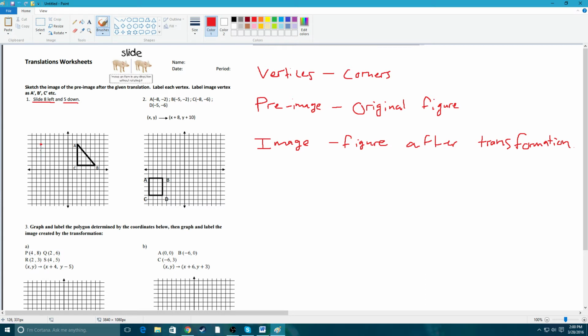So from that point, we're going to go down 1, 2, 3, 4, 5. This is going to be my new A. We're going to call this A prime. Because it went 8 to the left, we went 8 spaces this way, and we went 5 spaces down.